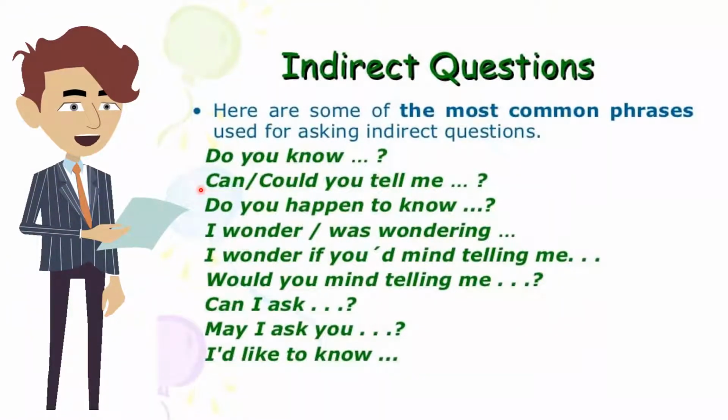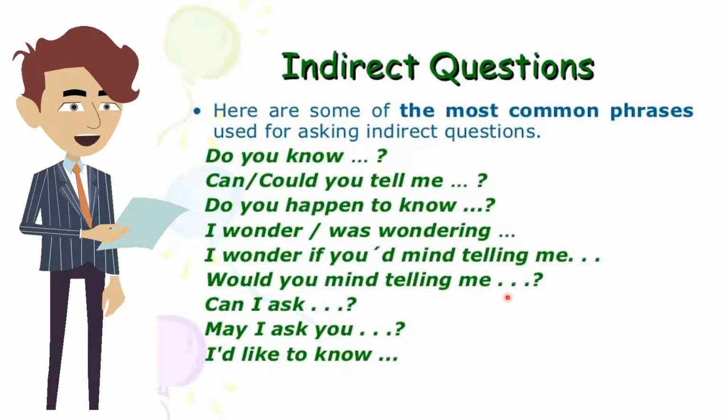Okay, what you see here are common phrases that you can use at the beginning of your expression to ask indirect questions. Like, do you know? Could you tell me? Do you happen to know? I wonder. I was wondering. I wonder if you'd mind telling me.